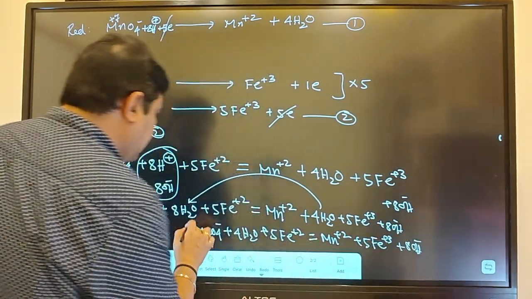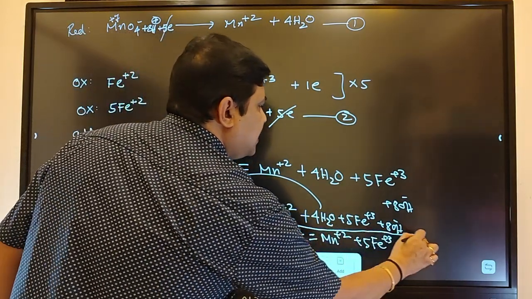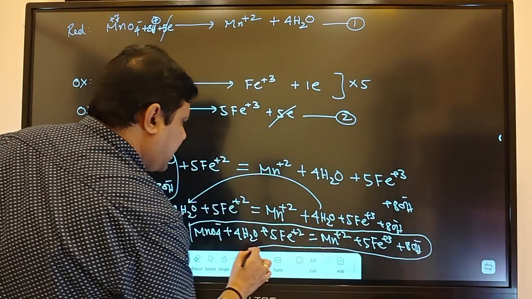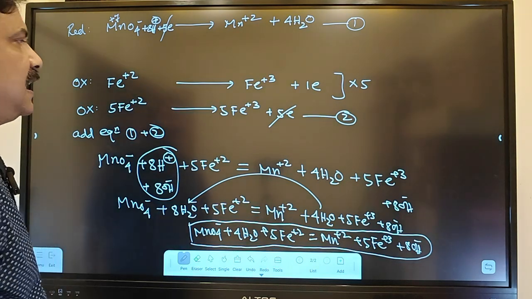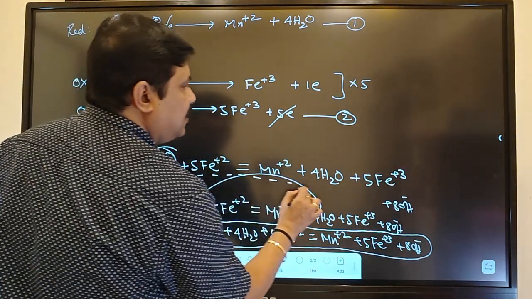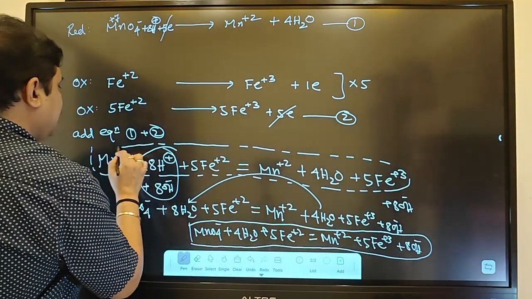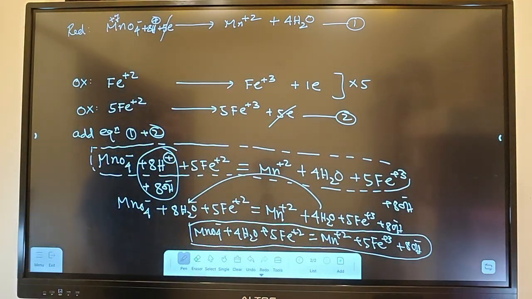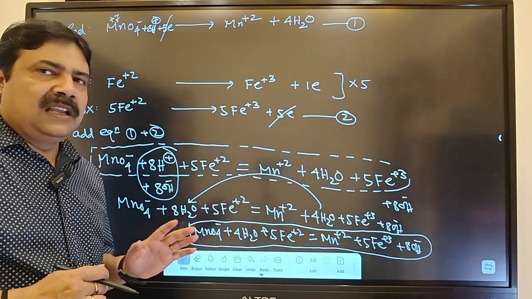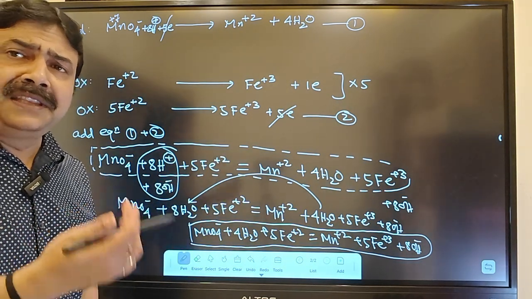Now this reaction is balanced in a basic medium. Why? On the product side OH minus is there, and initially this one was balanced in an acidic medium, because on the reactant side 8H plus was there. So with this method you will never make a mistake, but it is a little lengthy method.